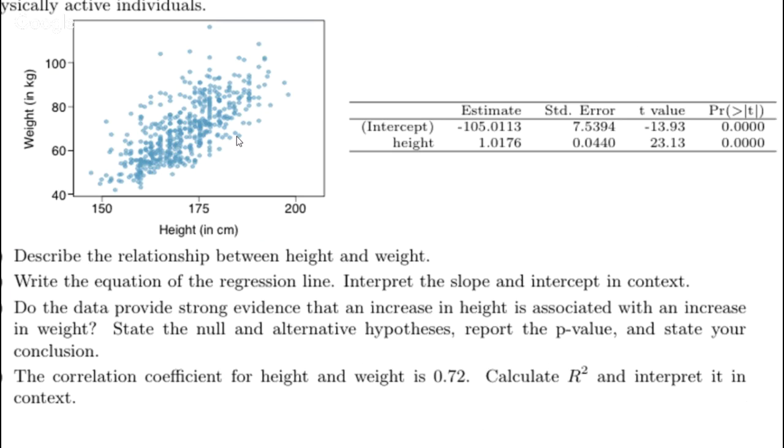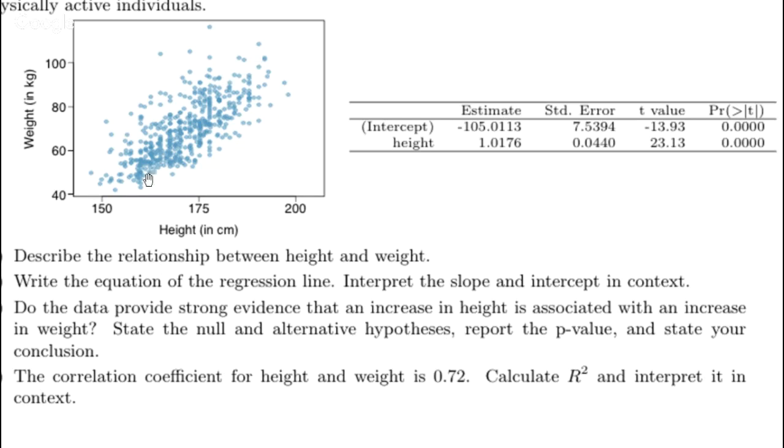So how about in terms of the total variability in weight? The total variability in weight is the variability in individual weights relative to the overall average weight. So this R squared 0.52 means that approximately 52% of that total variability in weight is predicted by variations in height.